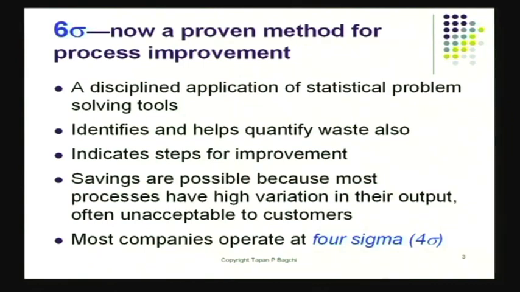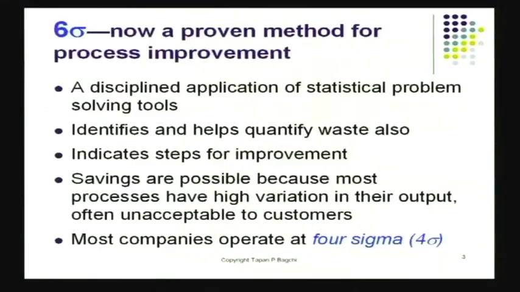If you look at an existing process, most companies today are operating around 3 or 4 sigma by the sigma metric. So in fact, there is a large opportunity to go from there to the Six Sigma level. The gap is pretty wide, which really means that a lot of customers are not satisfied with the products or the services that we provide them.